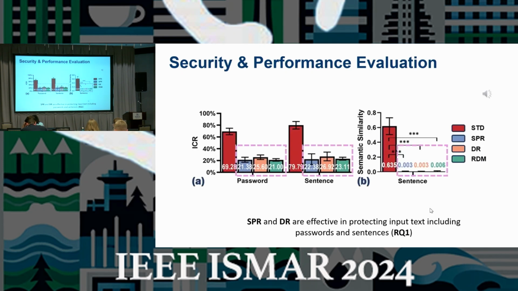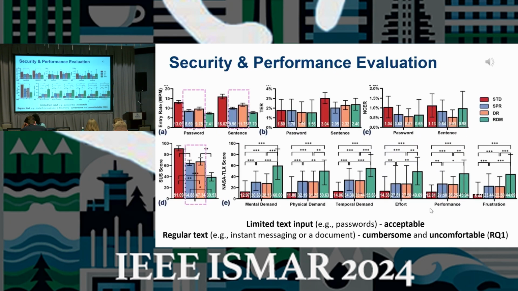The results showed both the start point random approach and the direction random approach provide text protection comparable to a random layout, whether for passwords or sentences. Although the start point random approach and the direction random approach offer faster typing entry rates compared to random layout, they are still noticeably slower than standard layout.